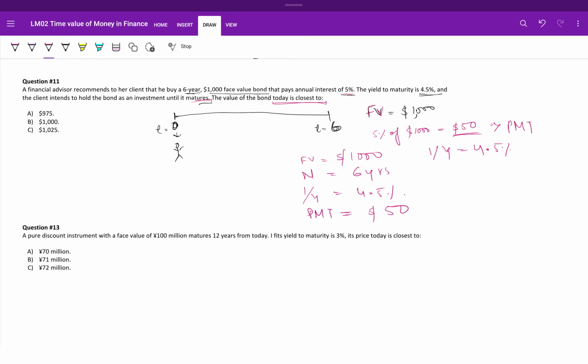So how much should be the present value of the bond right now? If you understand this and think about it, you will be able to work it out. Okay, let's plug these numbers into our calculator first. I'm sharing my calculator with you.